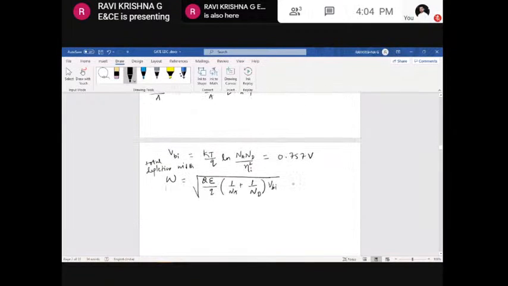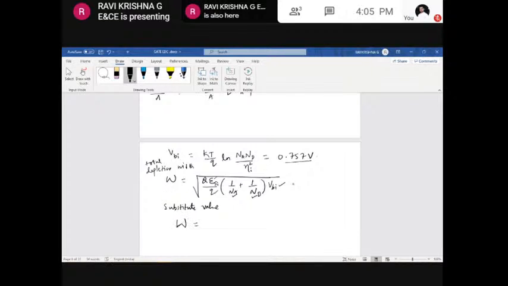This is epsilon of the silicon. Epsilon of the silicon is given, Q is given, the acceptor concentration is given, the ND is given, and VBI we have found out here. If we substitute all the values here, we will get the value of the total depletion width.